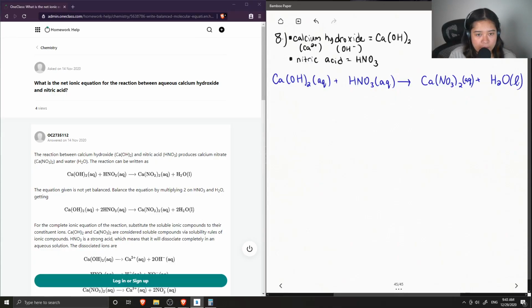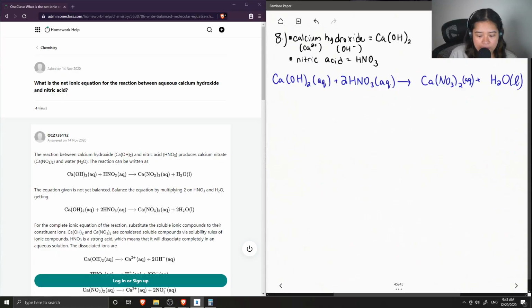So now let's balance the equation. We have 1 calcium on both sides, and we have 2 nitrogens in our product side. So I'm going to write a coefficient of 2 in front of the nitric acid. So now we have a total of 4 hydrogens on our reactant side.